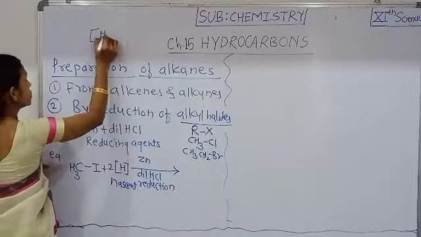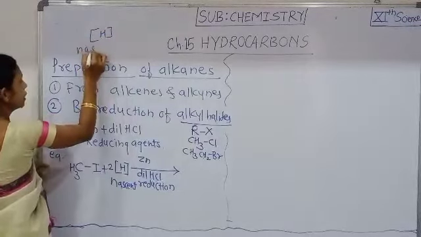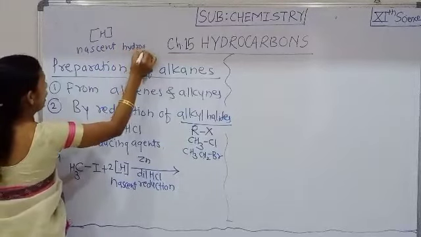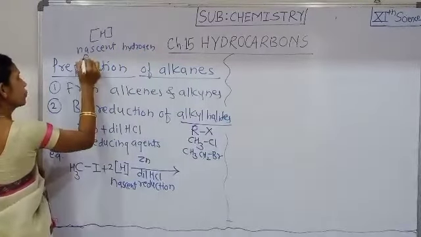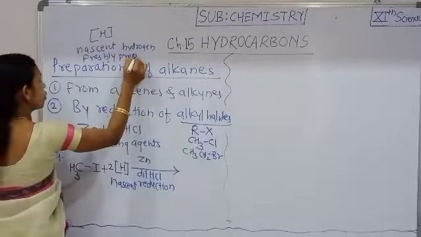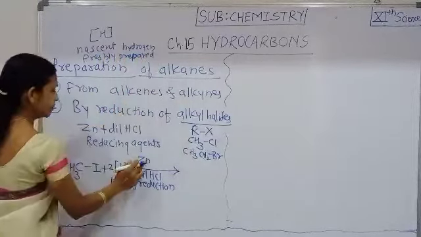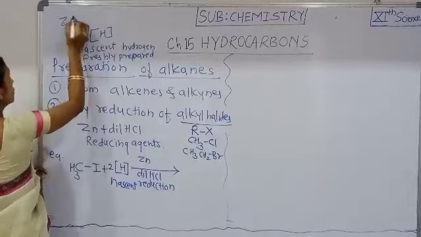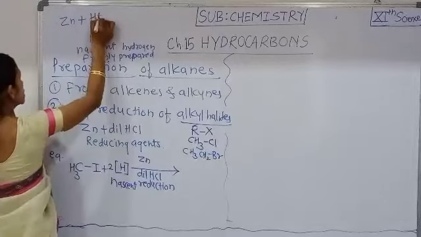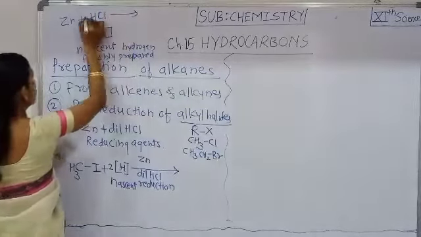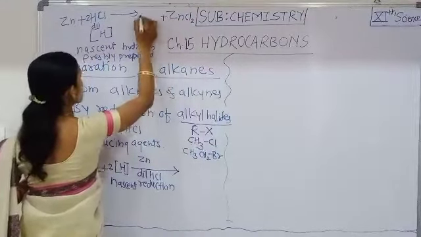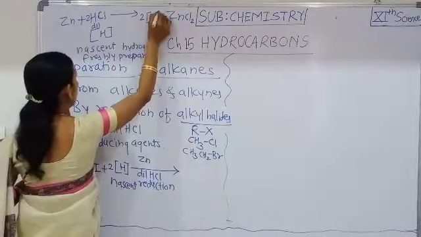Nascent hydrogen means freshly prepared hydrogen, which is obtained from the reaction between zinc and dilute HCl, which gives ZnCl2 plus 2 nascent hydrogen.